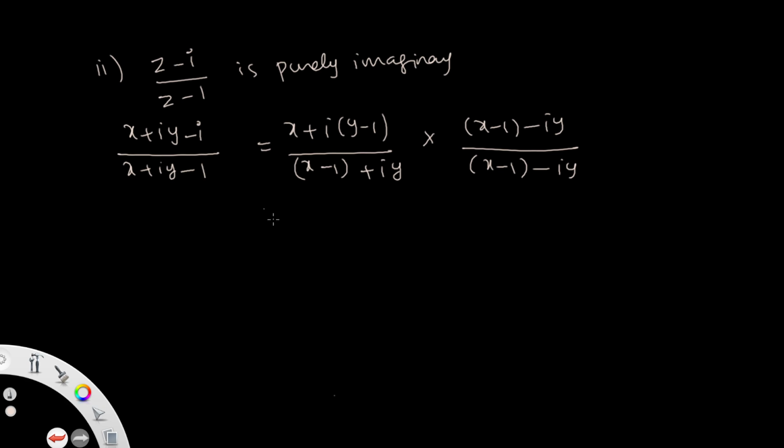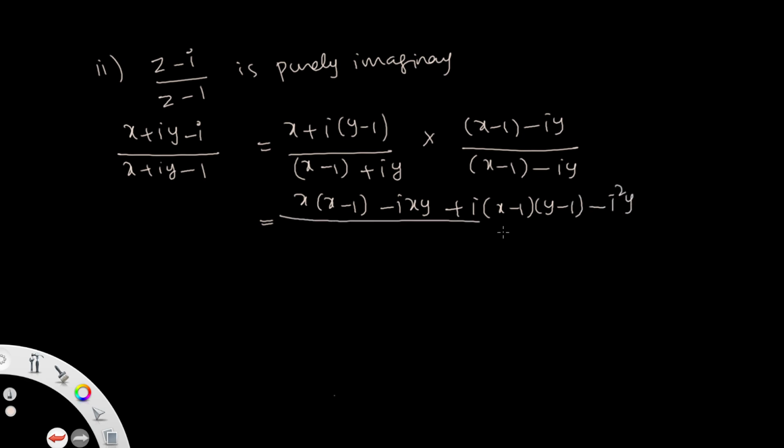So now multiply: x into (x minus 1) minus i into xy plus i into (x minus 1) into (y minus 1) minus i square y, divided by (a plus b)(a minus b), (x minus 1) whole square plus y square. Why?